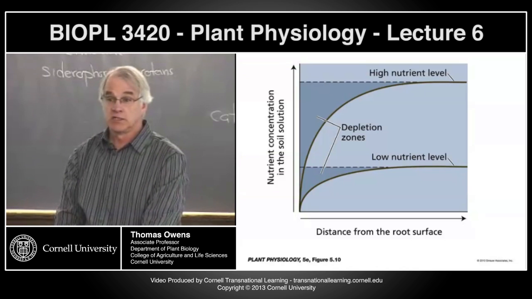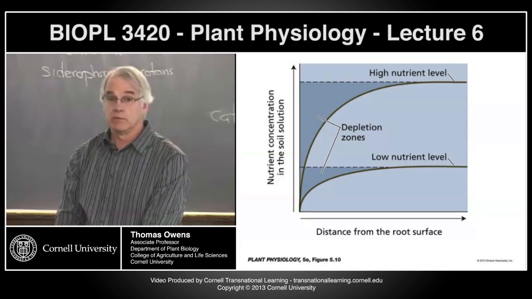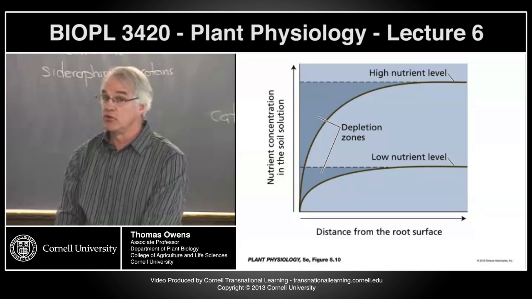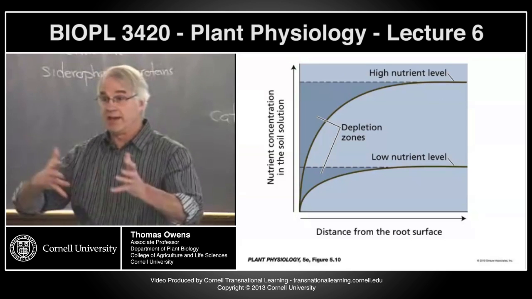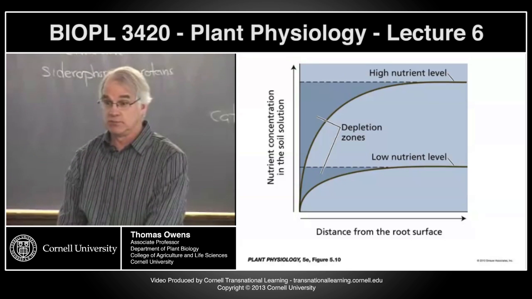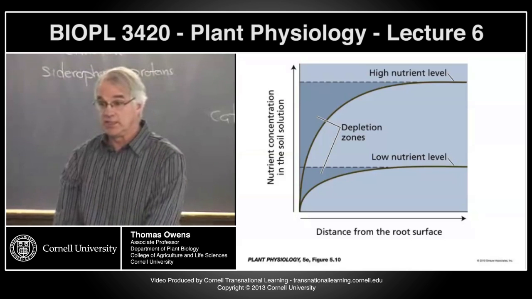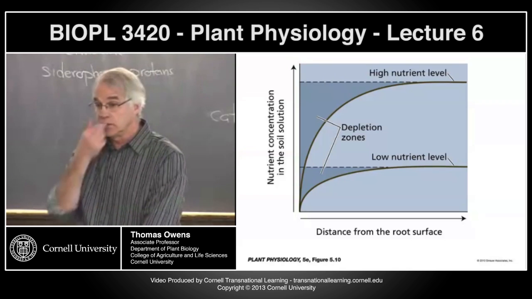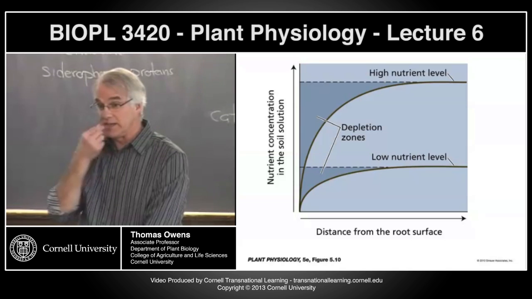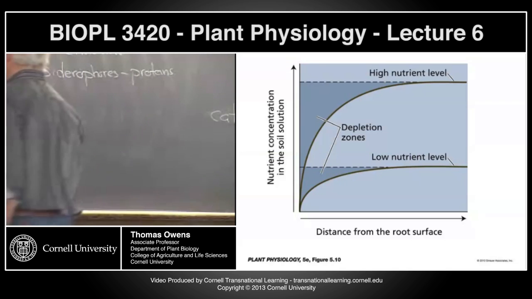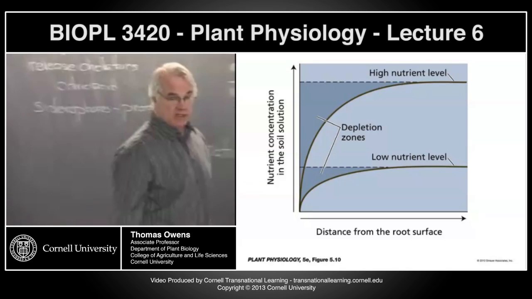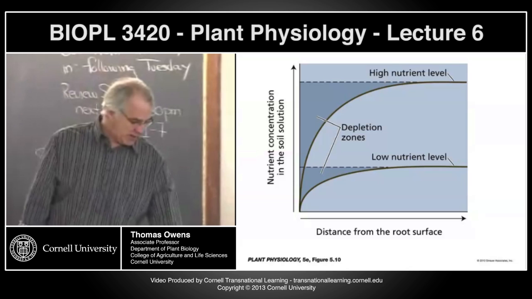So in regions where, for example, the soil is more dry, so that nutrients can't move in solution as much, the ability to grow into new regions is going to be very important for sustained growth of the plant. Right? So it should be clear that this is complicated, what's going on here. It's not quite as simple as we might like it to be.